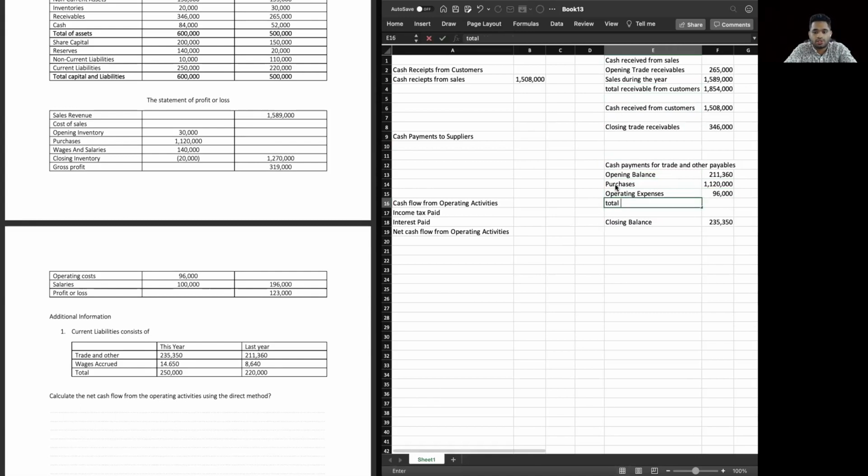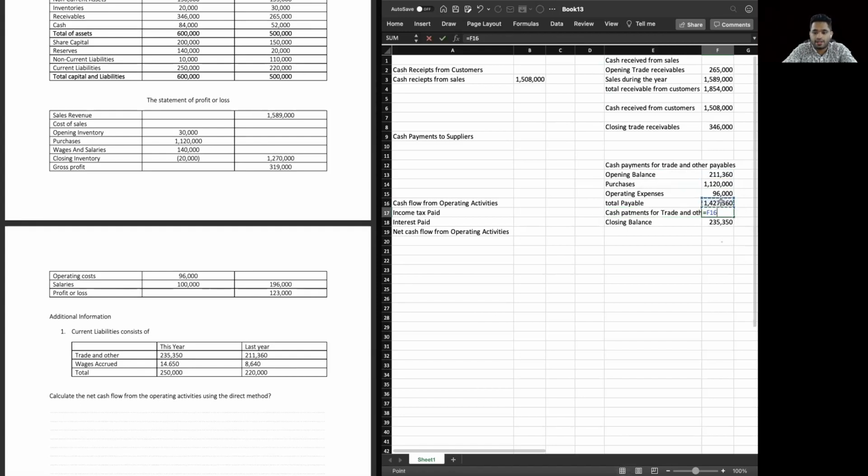So the total payable is going to be 211,360 plus 1,120,000 plus 96,000. That's going to be 1,427,360. The difference between this is the cash payments for trade and other.